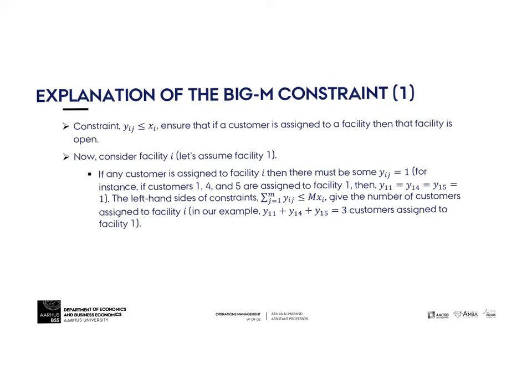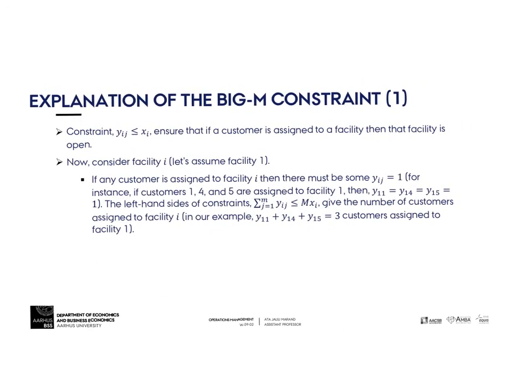Apart from mathematical explanations, we can also explain the big M constraints by their logical meanings. Initially we have our constraint y_ij less than or equal to x_i. This just ensures that if a customer is assigned to a facility, then the facility is actually open.